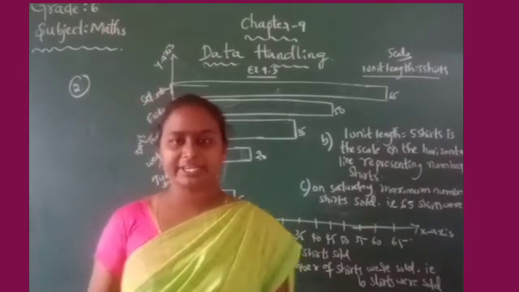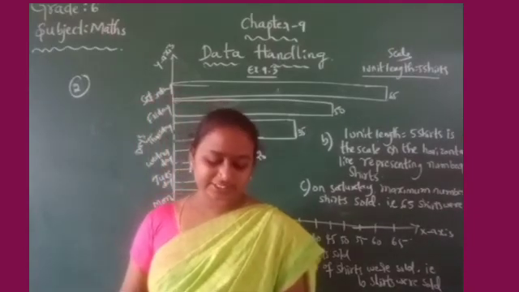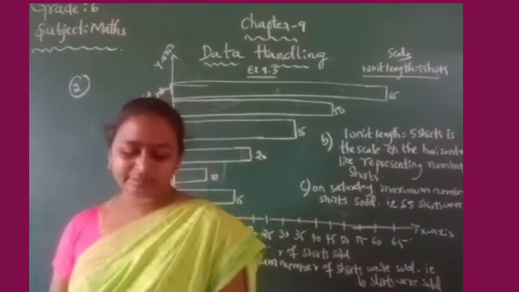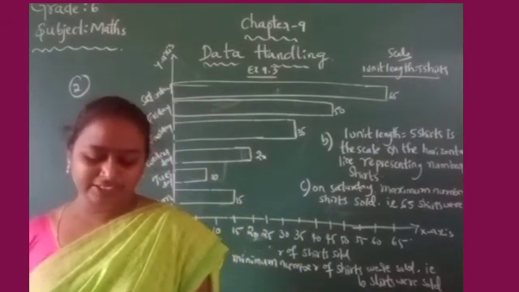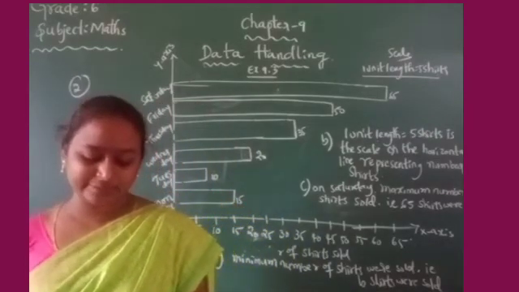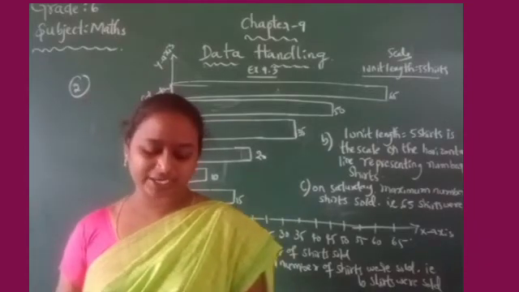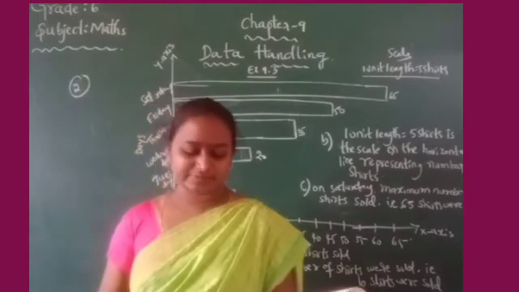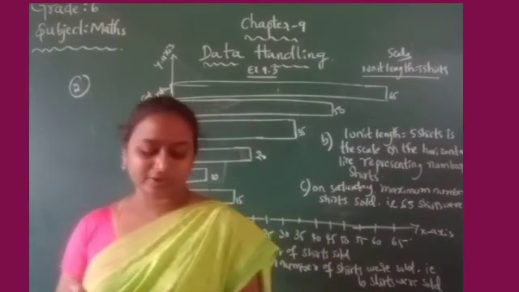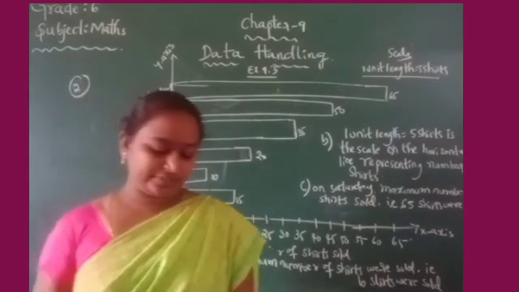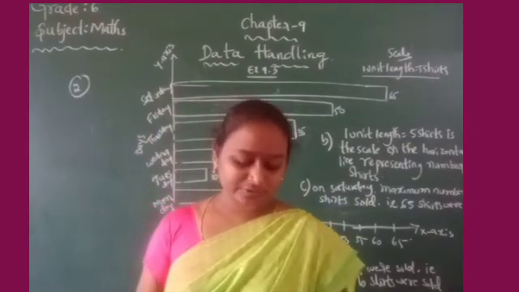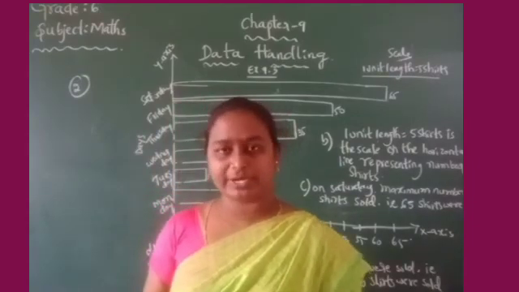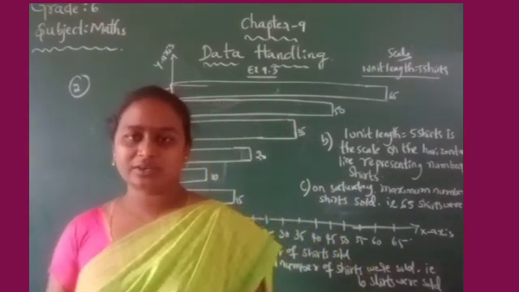In Hindi he got 80 marks, English 60 marks, mathematics 70 marks, science 50 marks, social studies 45 marks. Okay, so you have to collect this information from the bar graph and solve this problem.